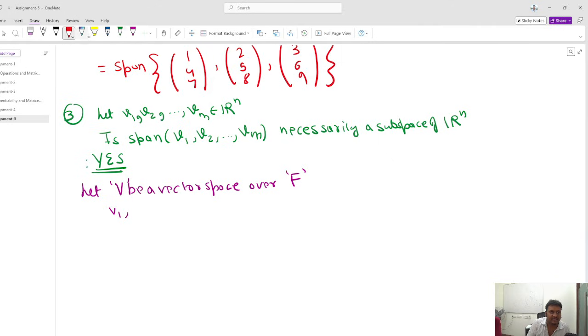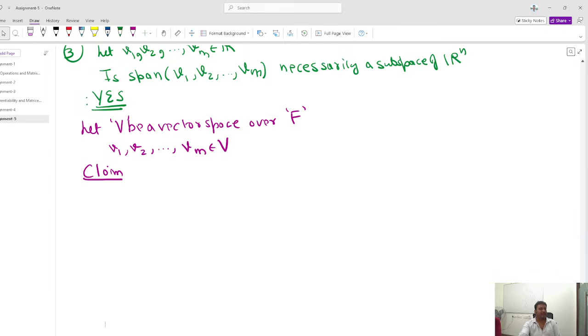Exactly the same proof will follow, just replace V by Rn and F by R.